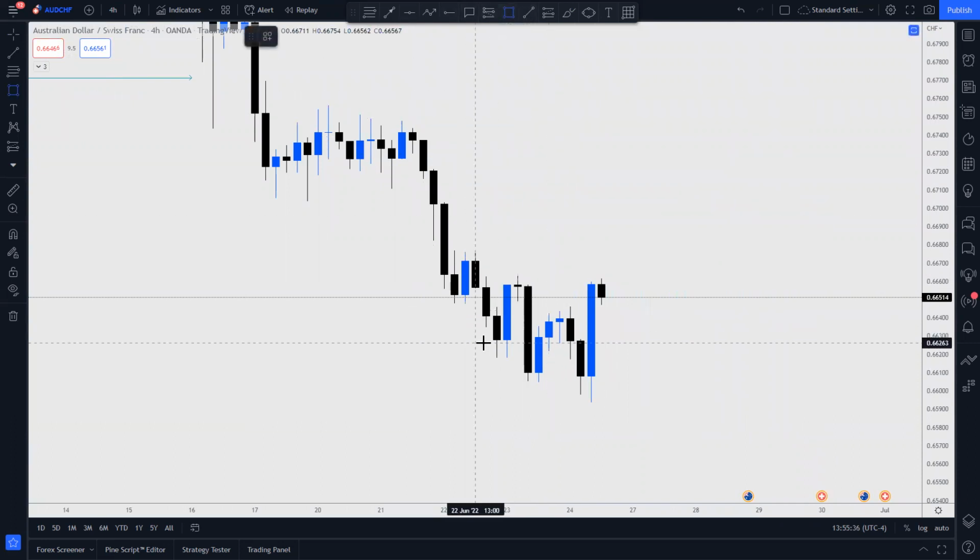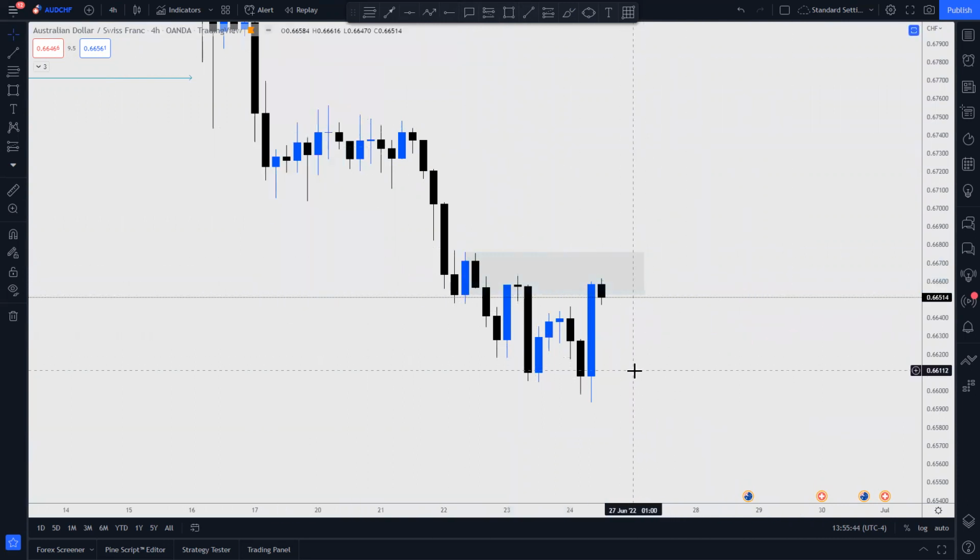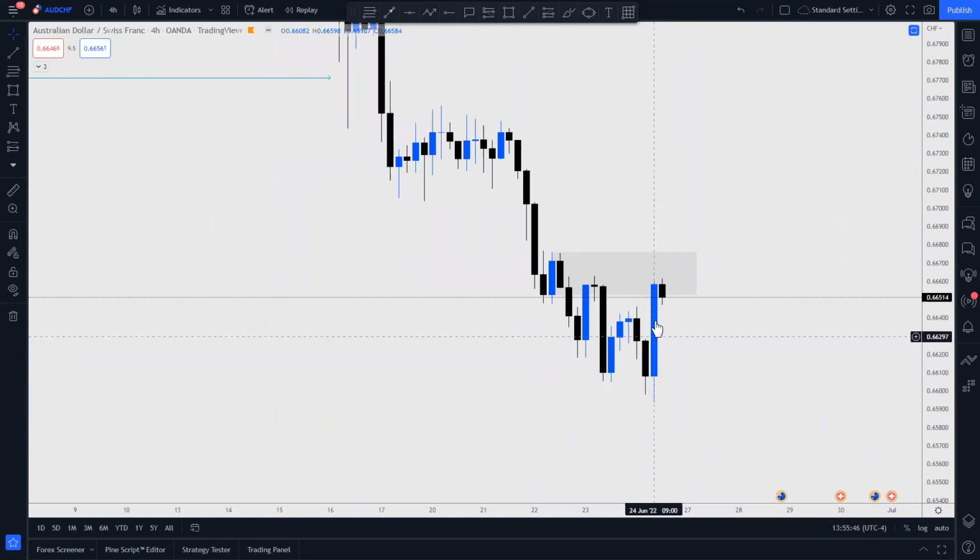We have a zone of supply here, and price has got a nice little impulsive move to the upside. We're going to come back and test this. I can see price coming back to test that break area.